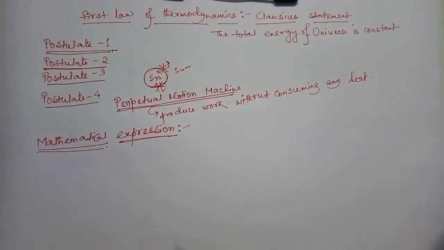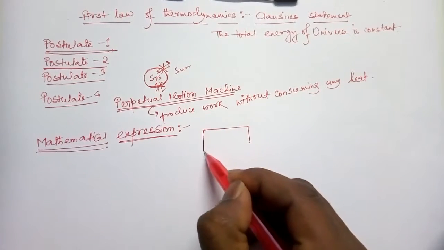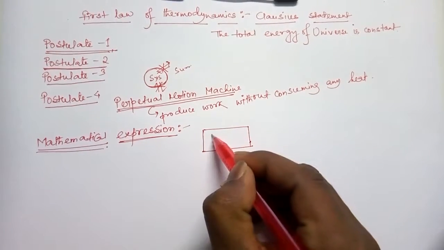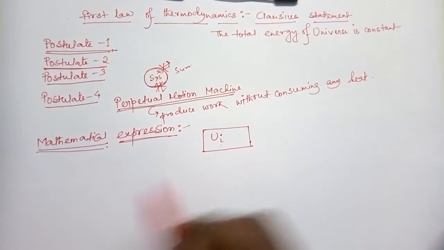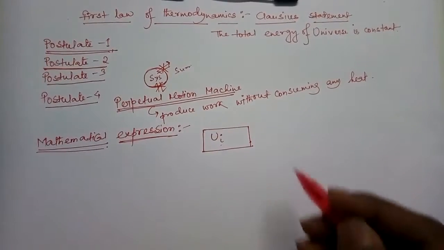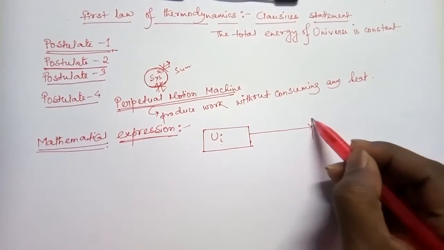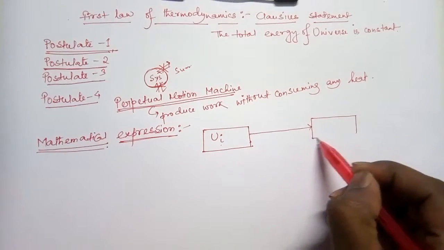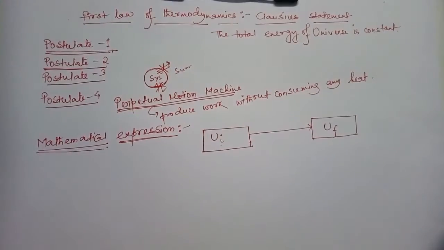Suppose there is an initial state having internal energy Ui, where I stands for initial, and it is undergoing a change to the final state having internal energy UF. F stands for final.